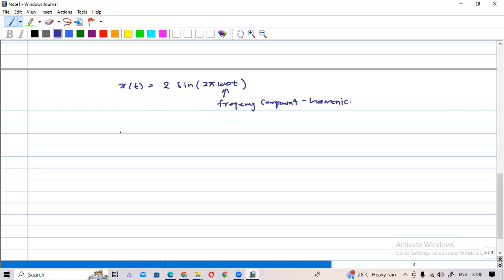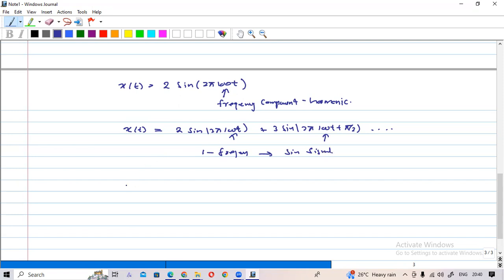If you add more signals, sin 500t, another signal, maybe 3 sin 500t plus pi by 2, and so on, but with the same frequency, that means this signal also has only one frequency component. So it will be a sine signal.